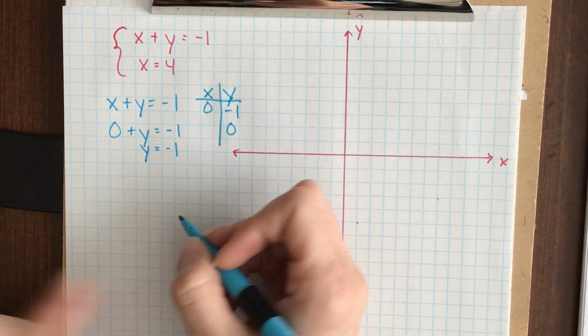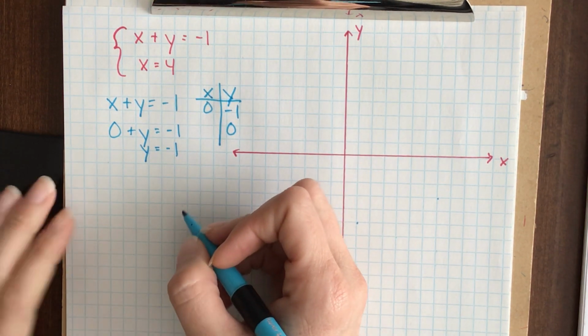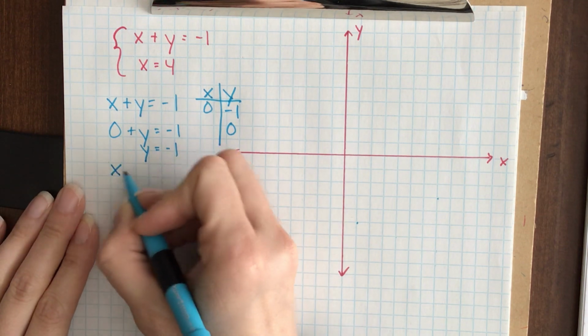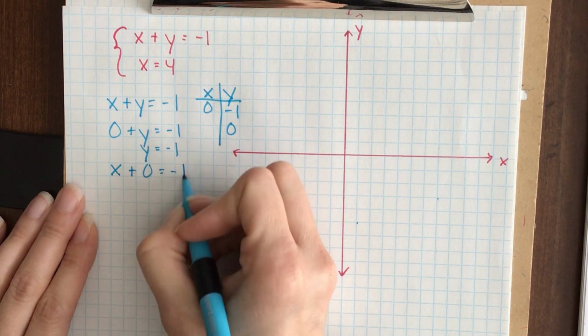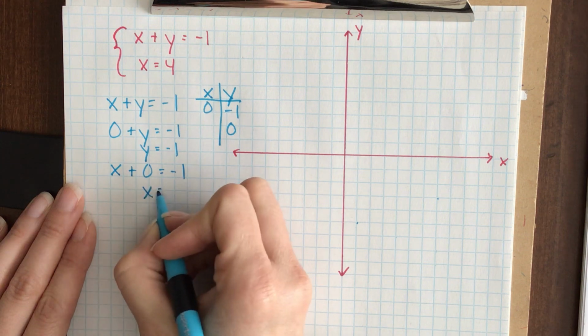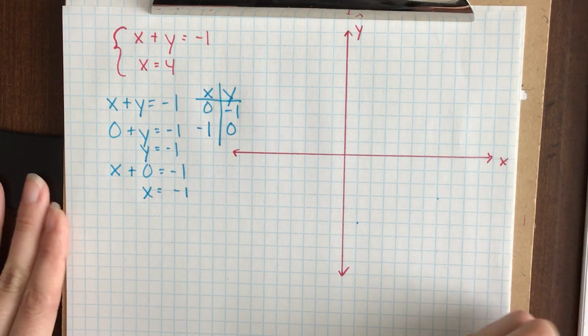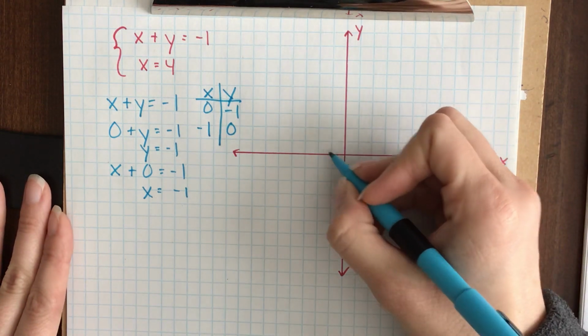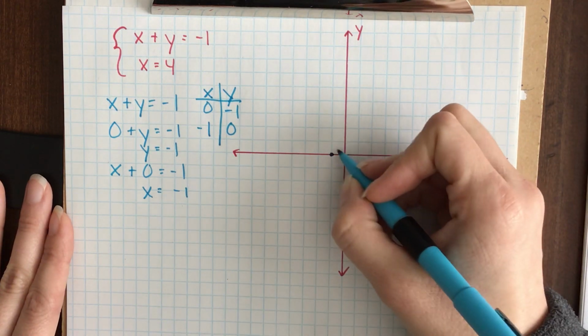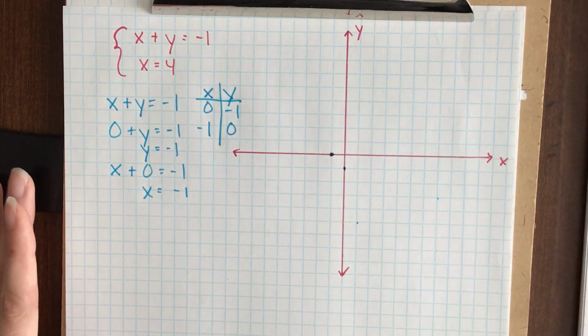And I think it's pretty safe to say the same thing's going to happen when you plug in 0 for y, but let's go ahead and do it anyways. We get that x is equal to -1. Now we can graph that using the intercepts. So my x-intercept is -1, my y-intercept is -1.